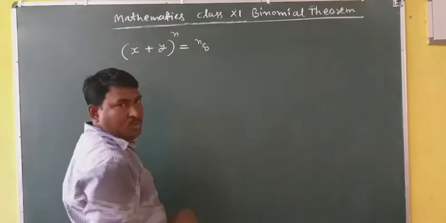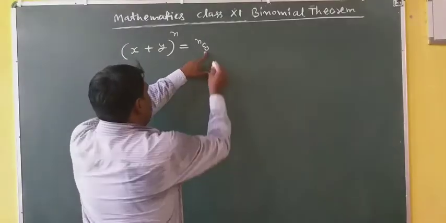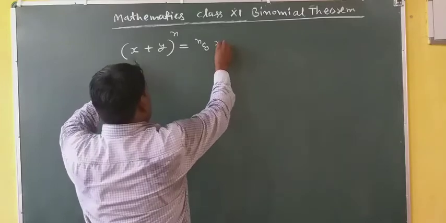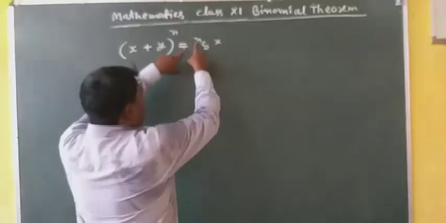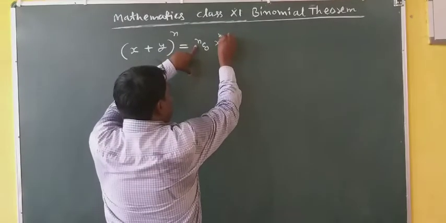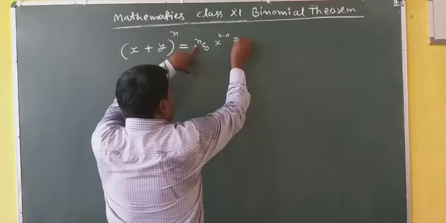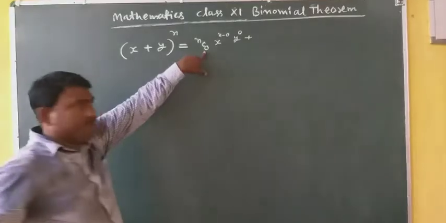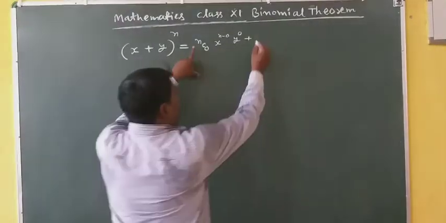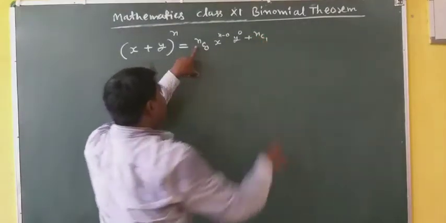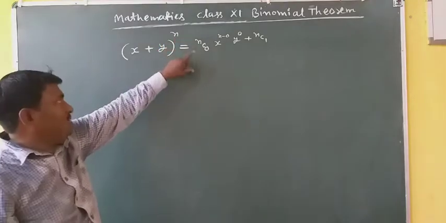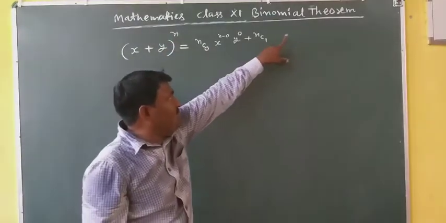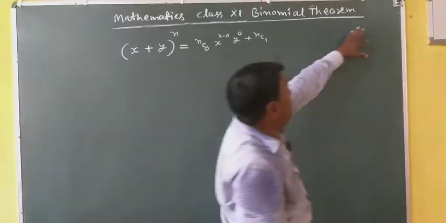nC0 x power n minus 0 and y power 0, plus nC1. n is the index. Here the coefficients go C0, thereafter C1, thereafter C2, till Cn.